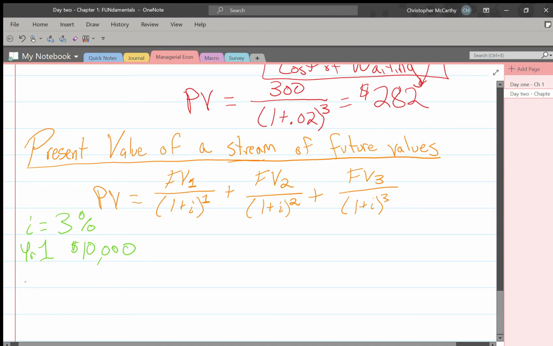Year 2, we're going to get $50,000. And year 3, we're going to get $100,000. So on your own, I want you to plug in the values, and then we'll plug it into Wolfram Alpha altogether. But go ahead and plug in the values. I'm going to freeze the screen.